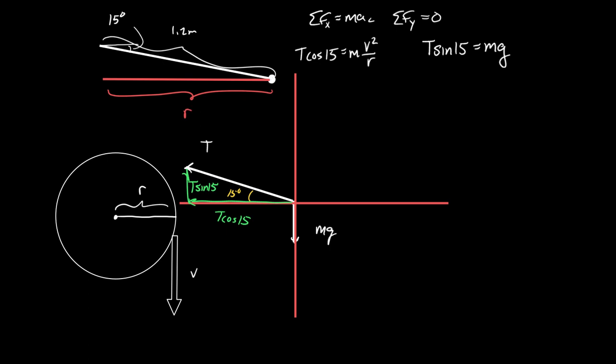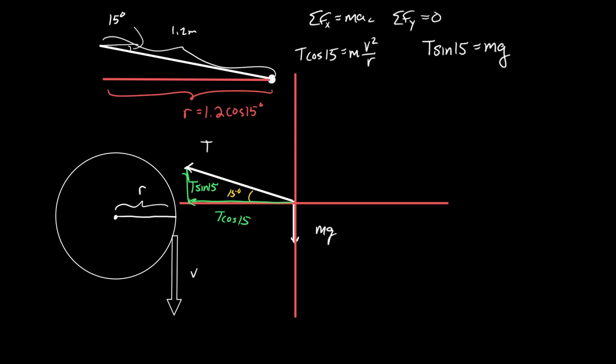So it looks like r is 1.2 cosine 15 degrees. Everybody see where I got that from and why? I mean, it's going to be close to 1.2, but if we're trying to do the problem correctly, we should probably take this into account. In your lab, we're ignoring this, but here we're going to take it into account. Hopefully you spun the string fast enough.